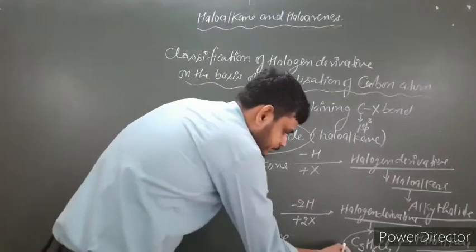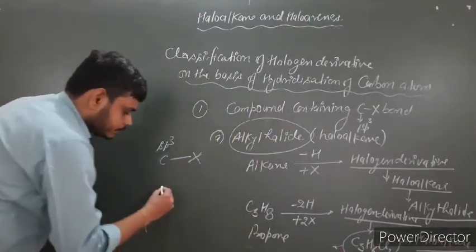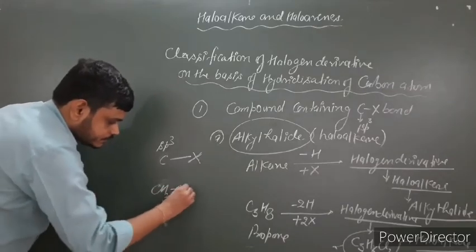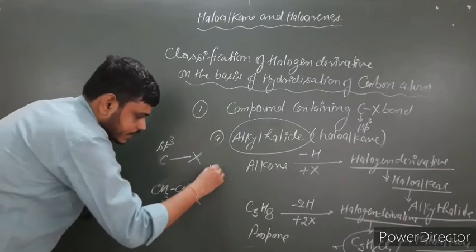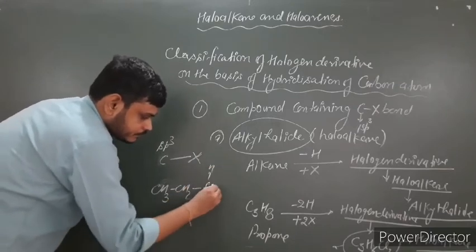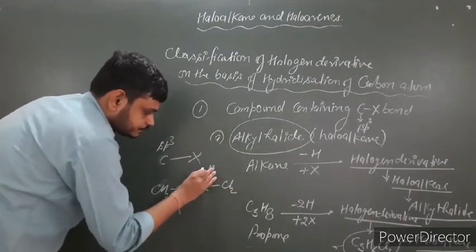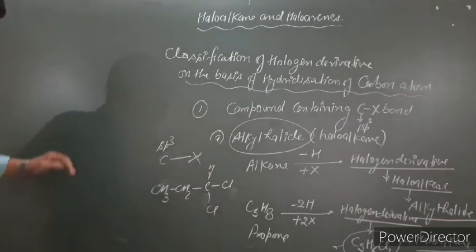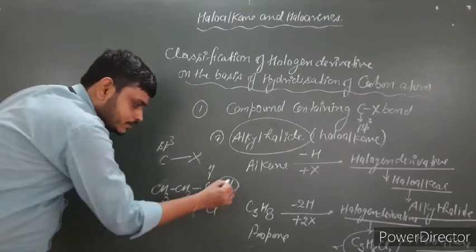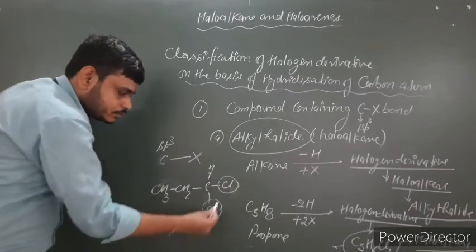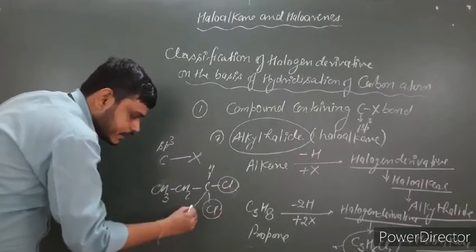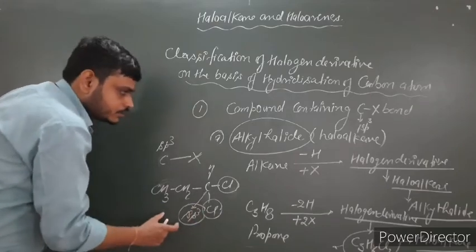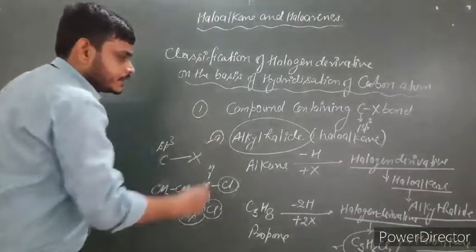For example, in this example, CH3CH2CHCl2, that is Cl and Cl, both the halogen atoms are directly attached with the sp3 hybridized carbon atom. So this type of halogen derivative is the alkyl halide.